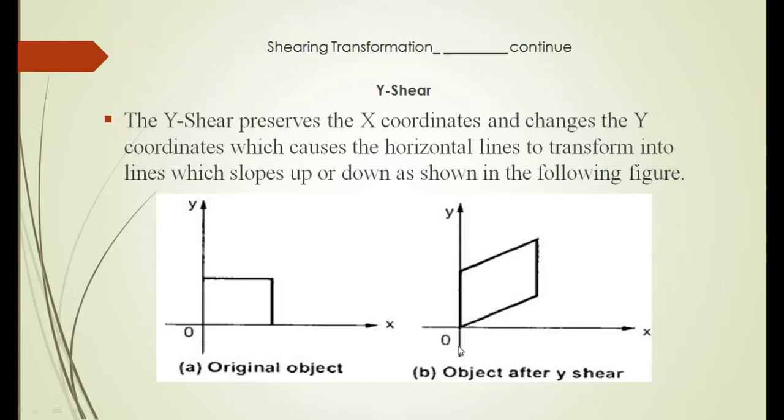So the change is done only in the y coordinate, not in the x coordinate, which causes the horizontal lines to slope up and down. This one is constant and this object is slanted by using the y shearing.